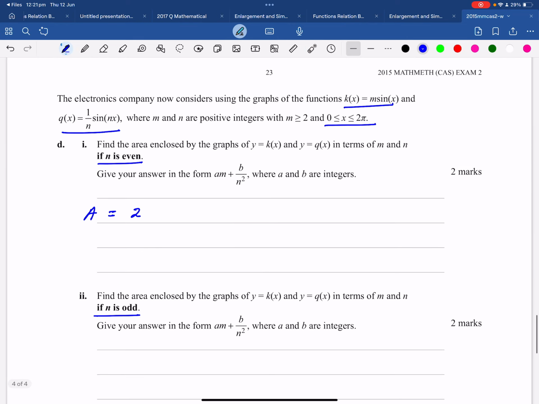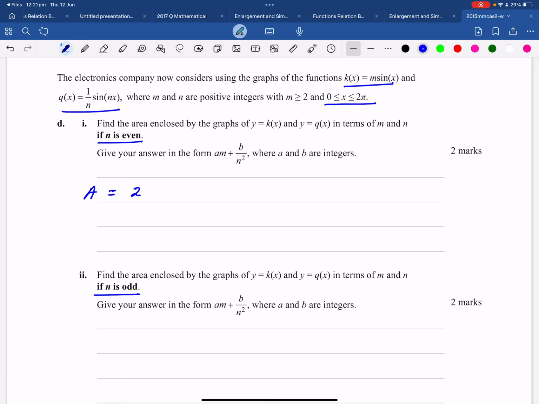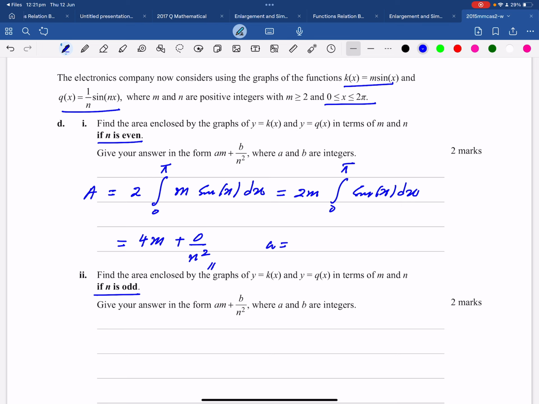So you integrate from 0 to pi of m sine x dx. That makes sense for the even case. If you take m out, it's going to be 2m times the integral from 0 to pi of sine x dx. If you simplify this, you get 4m plus 0 divided by n squared. So a is equal to 4 and b is equal to 0 in this case.